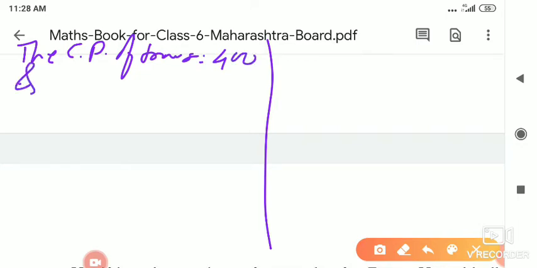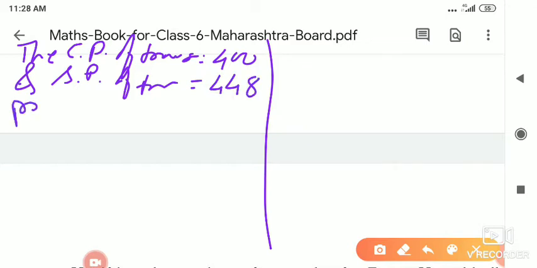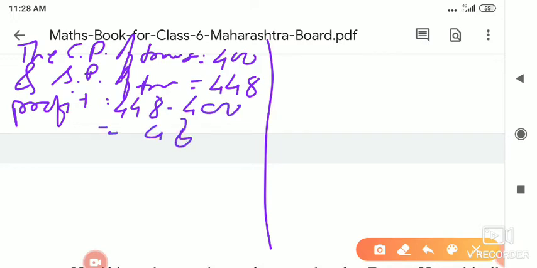And the selling price, I will write S for selling and P for price, selling price of the trouser is 448. It is given in the book. So here it is profit. Profit is equal to 448 minus 400 equals 48 rupees.